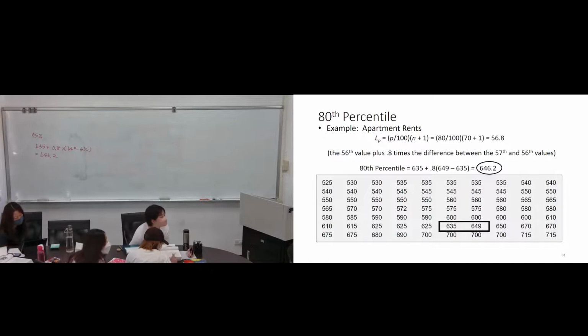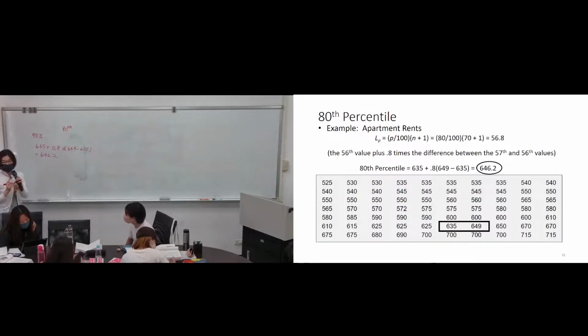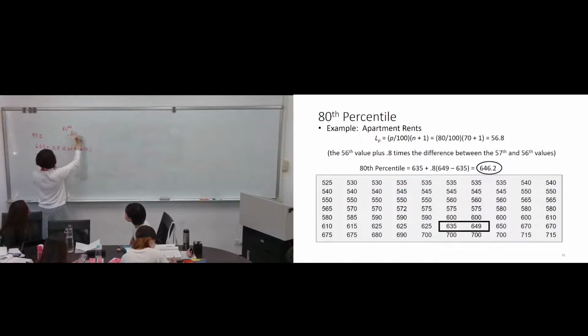Okay, questions? So again, to find the 80th percentile, let's find the position: 80 out of 100, multiplied by the sample size, which is 70 plus 1.